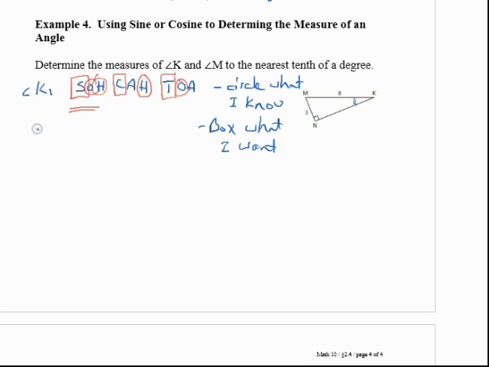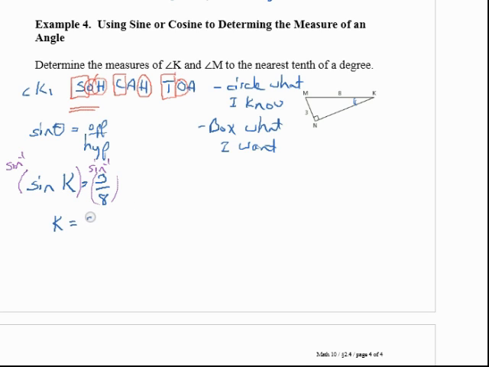So sine theta equals opposite over hypotenuse, and then I plug in my values. Sine K equals 3 over 8, and then I do sine to the minus 1 of that side and sine to the minus 1 of that side, and I have K equals. Now I'm going to put the buttons you need to push on the TI calculator.